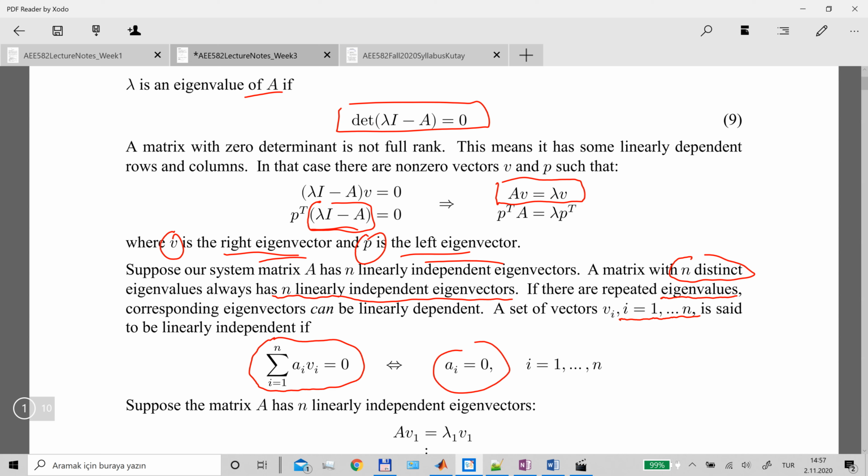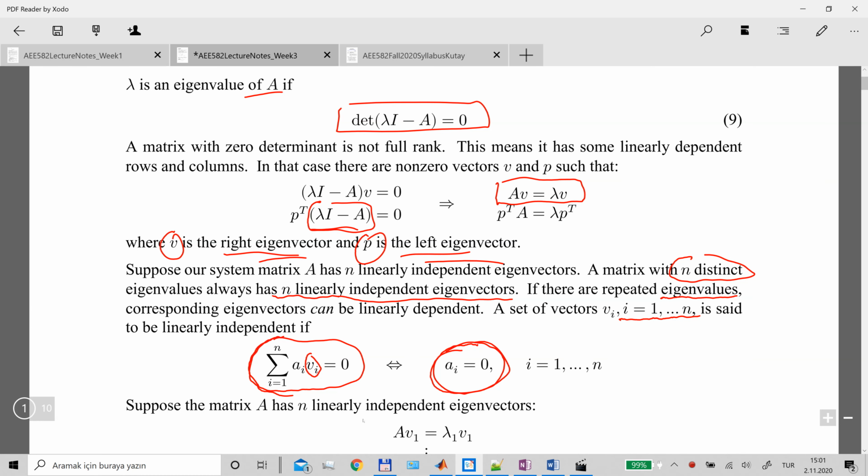So if you have n coefficients which are all equal to 0, then the summation will always be 0, obviously. But if you can say that this summation of n eigenvectors multiplied with n coefficients equal to 0 is possible if and only if all the coefficients are equal to 0, then that means those vectors are linearly independent.